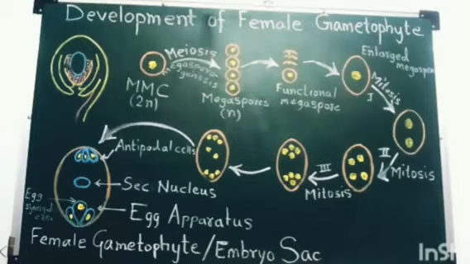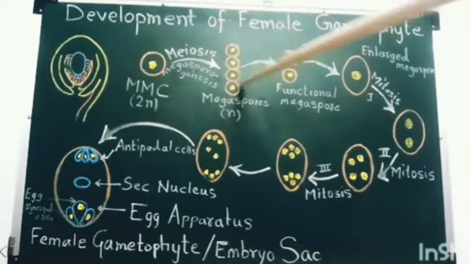Now during development, one of the diploid parenchymatous cells present towards the micropyle acts as the megaspore mother cell, and this megaspore mother cell undergoes meiosis to produce the haploid megaspores.